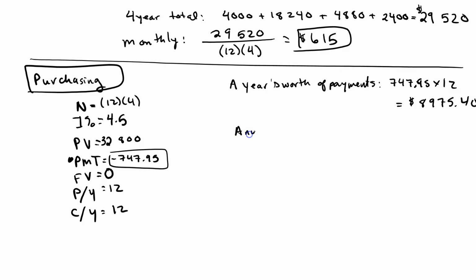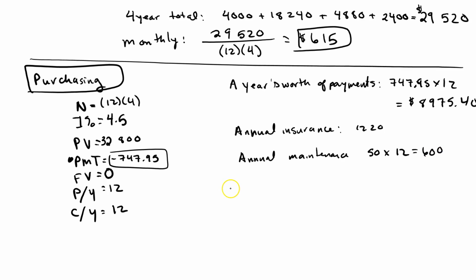Annual insurance is $1,220. Annual maintenance is going to be $50 per month, which equals $600.